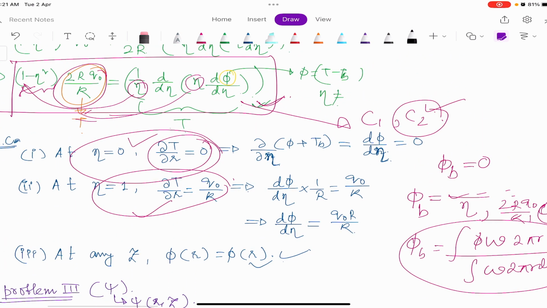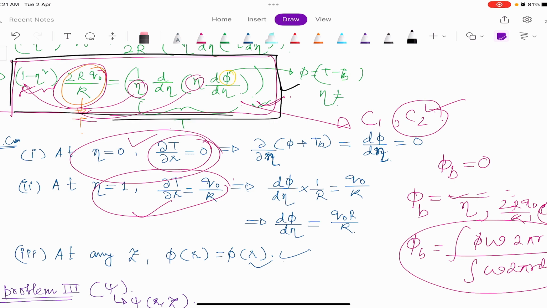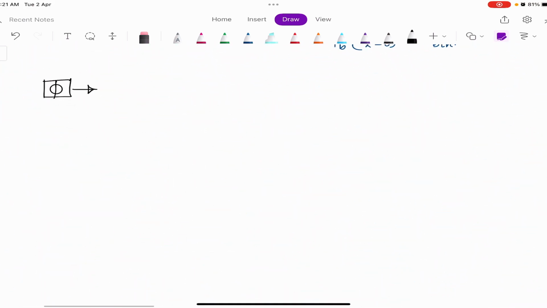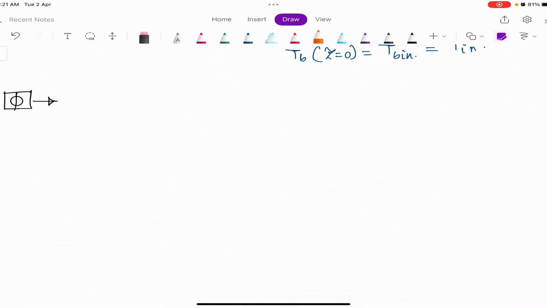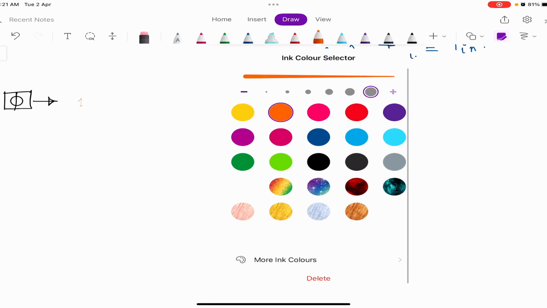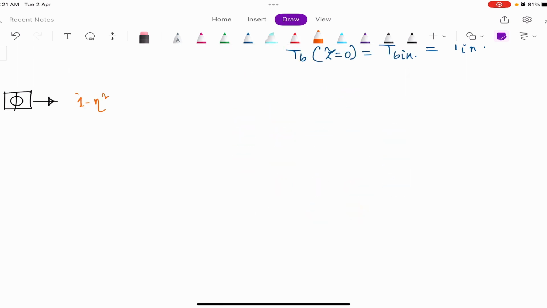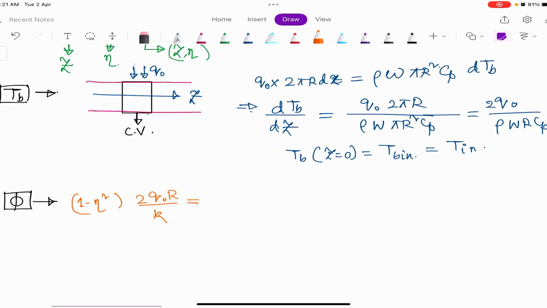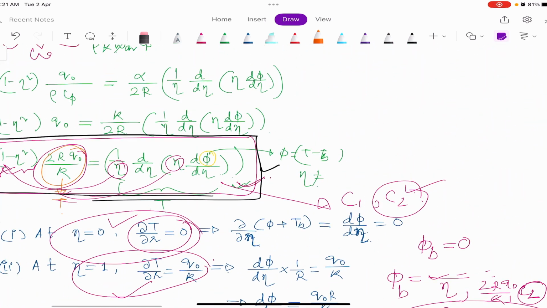So let us come back to the convection now. This was the equation. What was it? 1 minus eta square into 2 r q naught by k. So let me write it: 1 minus eta square into 2 into q naught into r by k was equal to 1 by eta d d eta of eta d phi d eta.